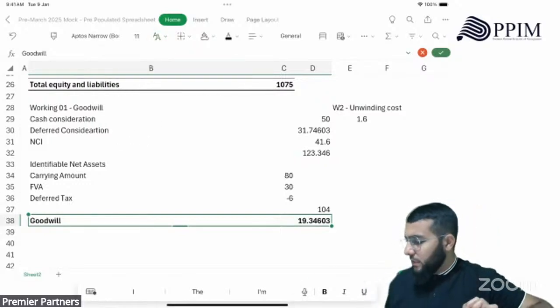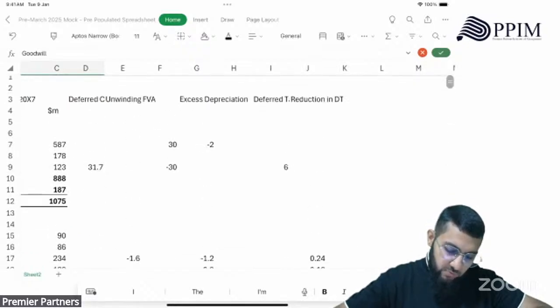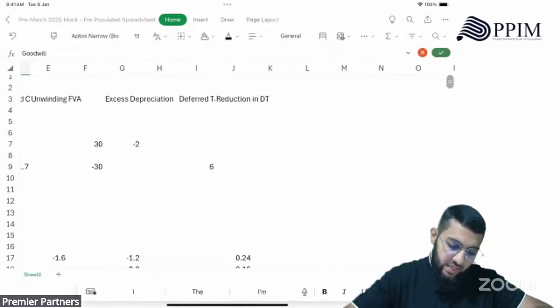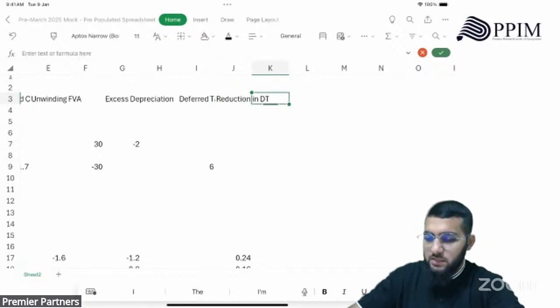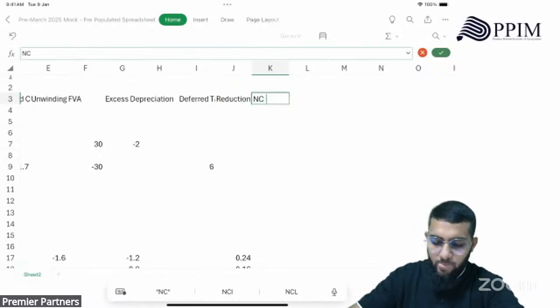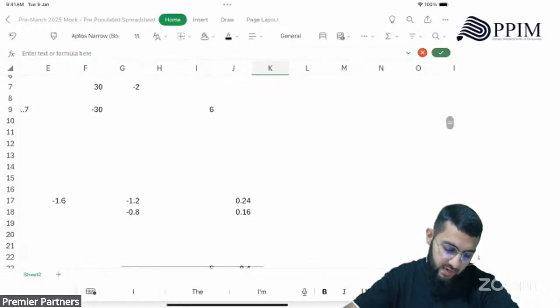Okay. Now we can even cross-check whether we've done it right by checking the component of the total of goodwill line. So what are the adjustments we're supposed to make here? NCI adjustment, which is going to increase by 9.6.